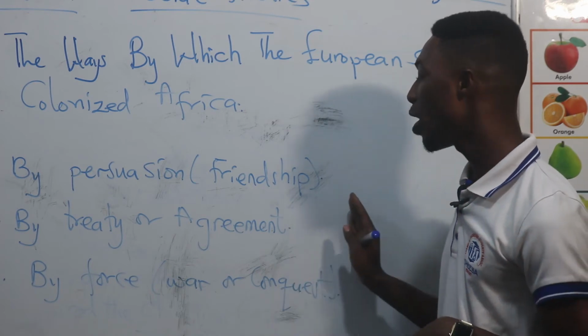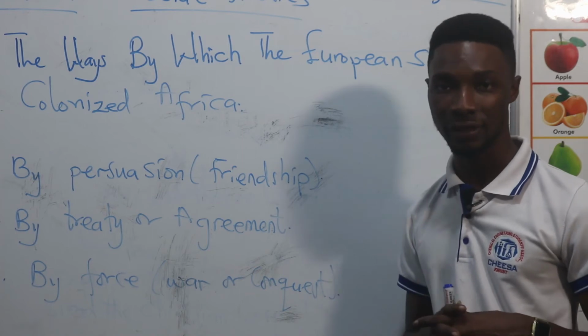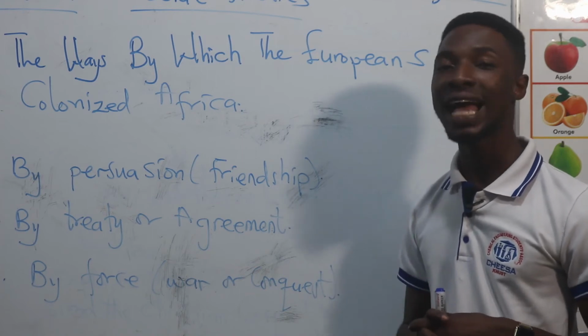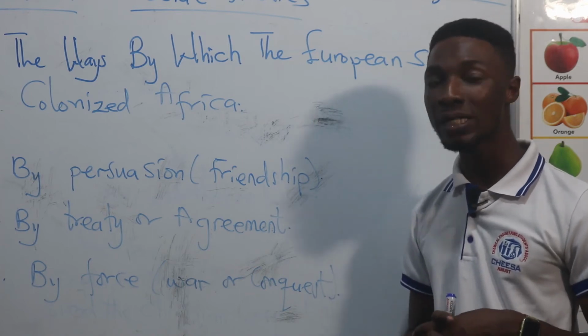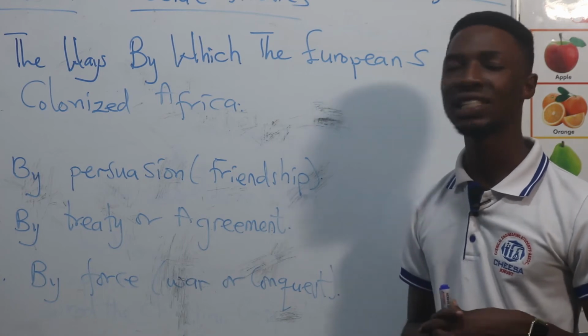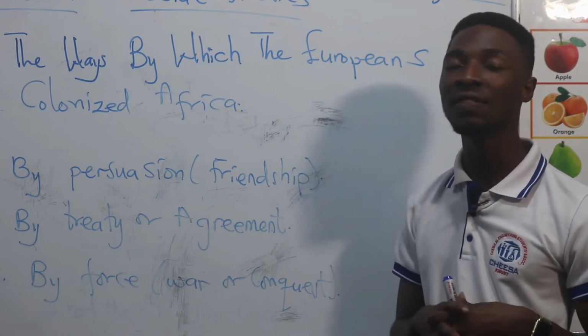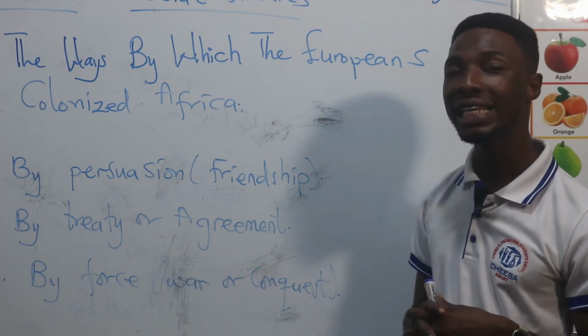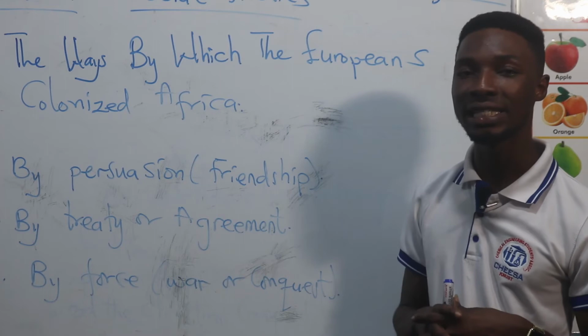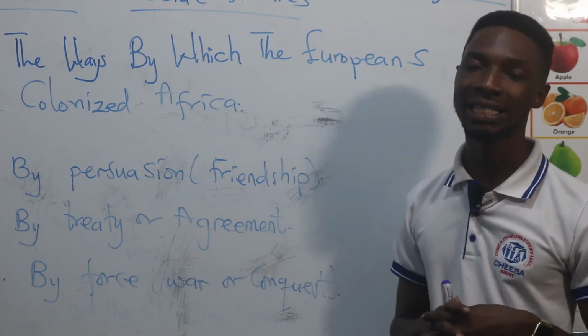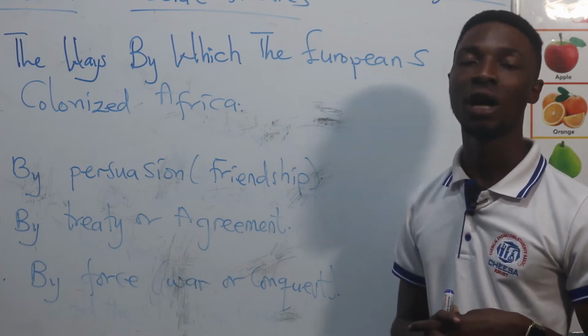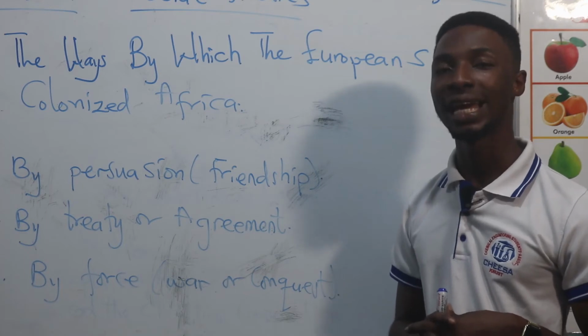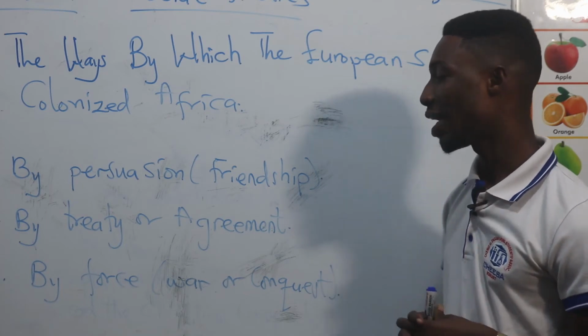For example, we all remember the bond of 1844. The Europeans signed this bond with the Ashantis because they knew the Ashantis were very, very powerful and wouldn't give in for any kind of suppression. So they signed this treaty with some Fantis, some Ashantis, and other kings in Ghana so as to enable them get a chance to colonize our country.